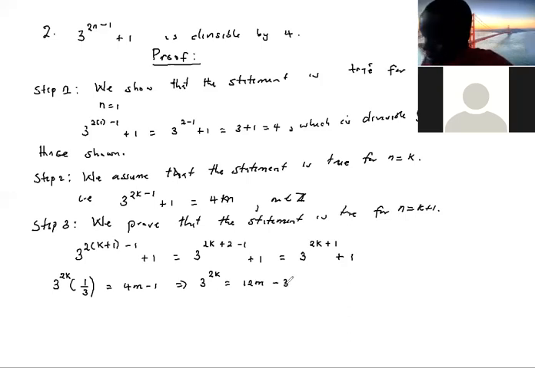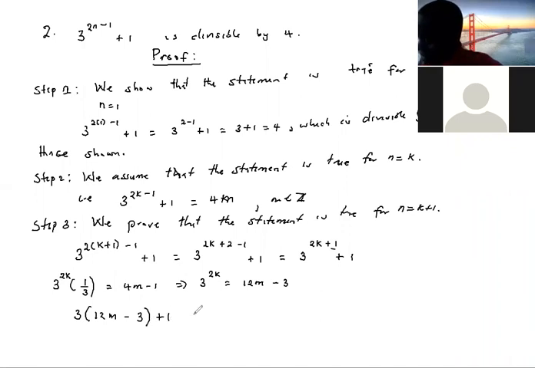So if we substitute in the other equation, I've taken the 3 to the power 1, which is just 3, and then the 3^(2k), I bring in 12m minus 3, and then we have plus 1.